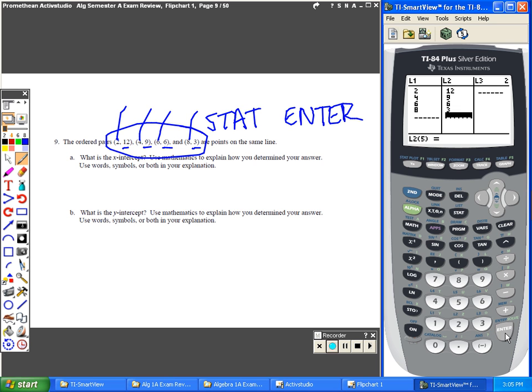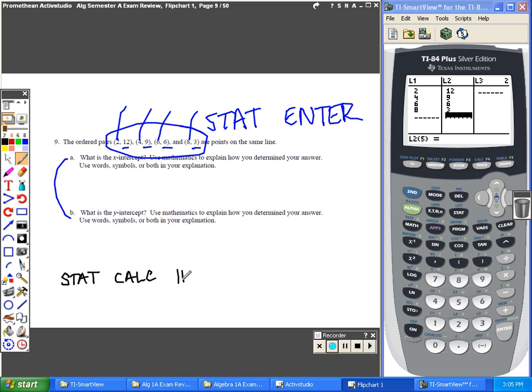Now, in order to answer all these questions down here, you need to ask your calculator to give you an equation, and you need to put that equation into y equals. So here's how you're going to do that. You're going to hit Stat, then go over to Calculate, then go down to number 4. Now, this will give you the equation. If you want to put that equation into y equals, you have 2 ways.